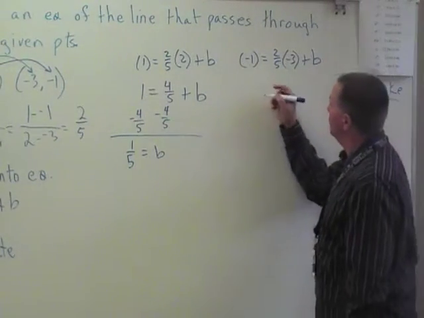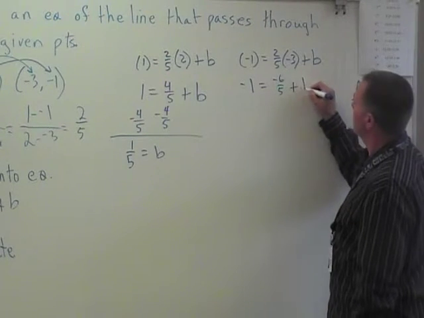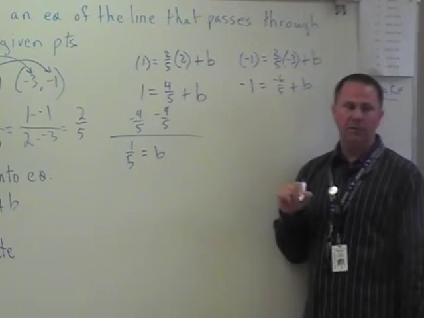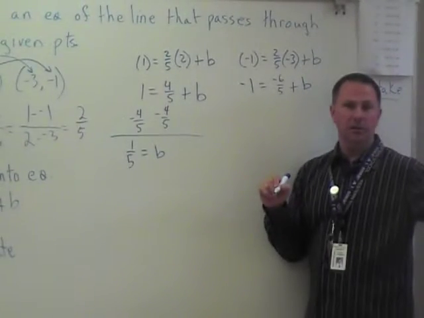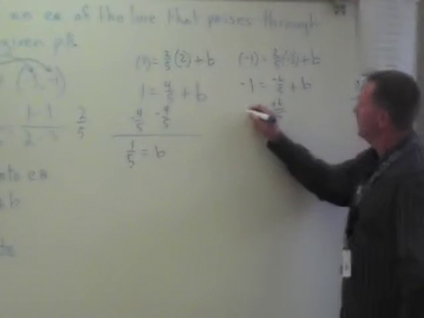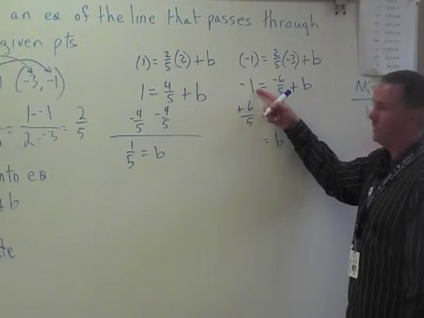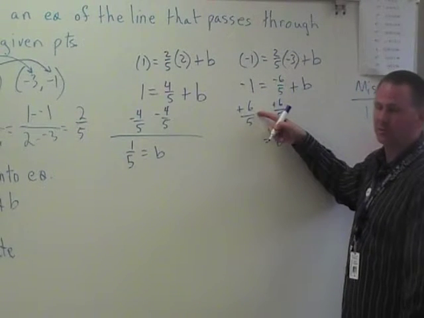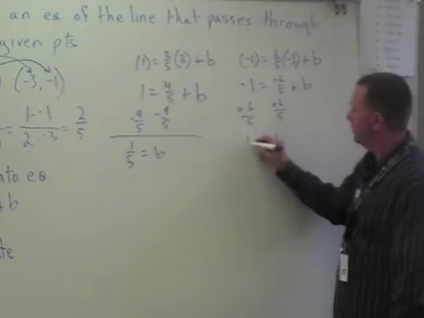All right, now let's do this one. Negative 1 equals, that's negative 6/5 plus b. How do I solve? Add 6/5 to both sides. And b equals, if that's negative 5/5, and this is 6/5, 6/5 plus a negative 5/5 gives me 1/5.